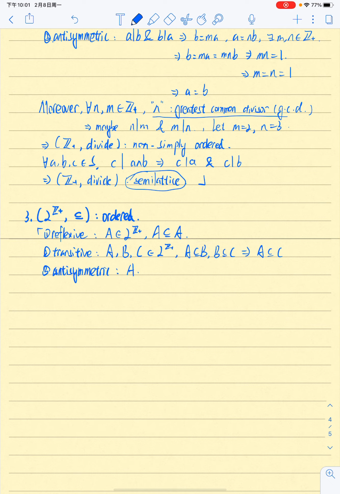For every set A, B in the collection, A is a subset of B and B is a subset of A, then we can easily get A is equal to B. Also, in many proofs, if we want to prove the set A equals B, we use two ways. First, we prove A is a subset of B, and second, we prove B is a subset of A. Then these two sets are equal.